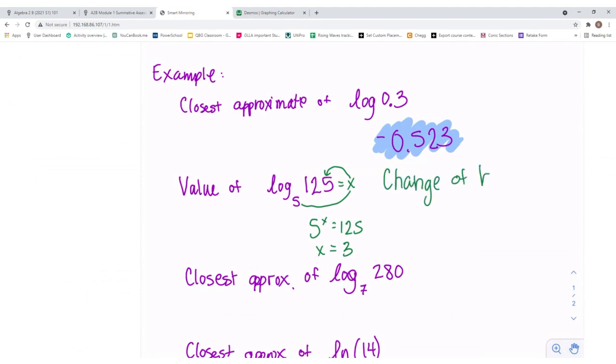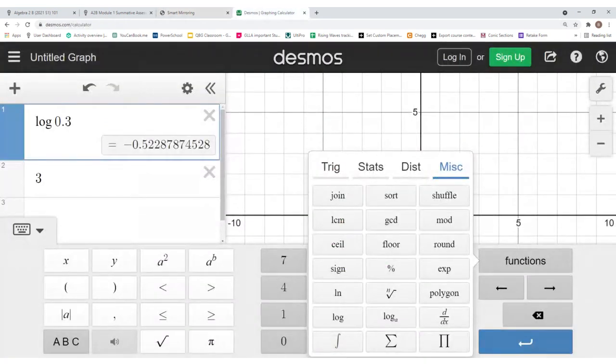But this is going to help us by learning something called the change of base formula, because the base would be that 5. This is the base. And if you just go into Desmos, like we just did, if you type in log, it's just assumed that the base is 10. So it's saying 10 to what power would equal 0.3. Let me just show you.